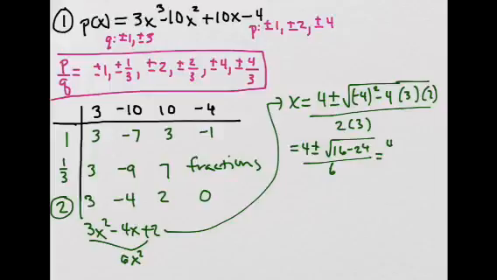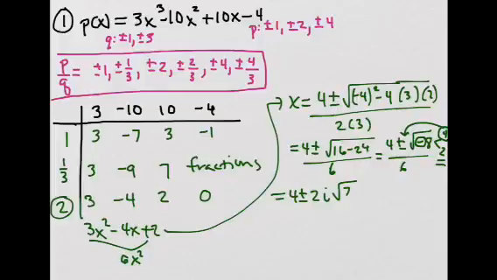That gives 16 minus 24, which is -8. So 8 is 4 times 2. The 4 comes out as a 2, and the negative comes out as an i. So you end up with 4 plus or minus 2i, and this 2 stays inside the radical, over 6.